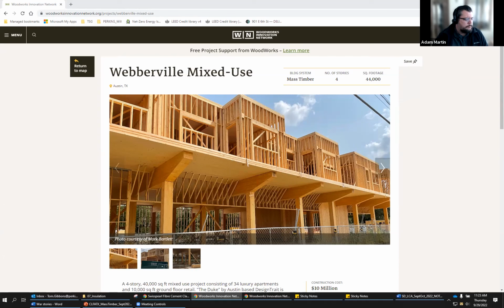There was a lot to chase down for the acoustics. Normally we're not thinking about that much. We started this project back in 2017, actually, and it's taken this long for a number of different reasons, not because it was mass timber necessarily. And there's been a lot of advancement in the field, and I'm sure Mark or Bill could attest to that, in terms of the resources and the producers that are available.